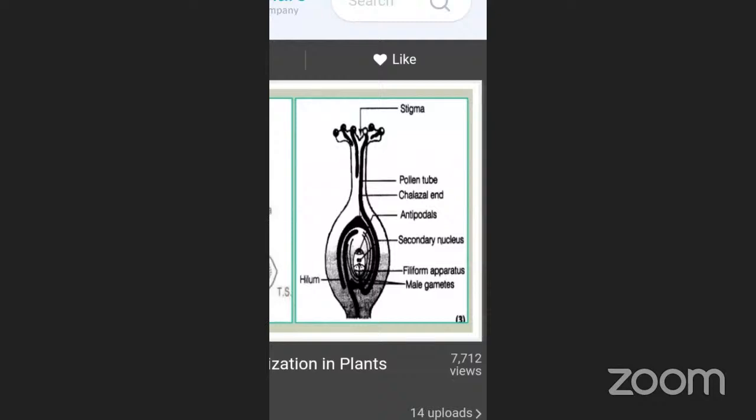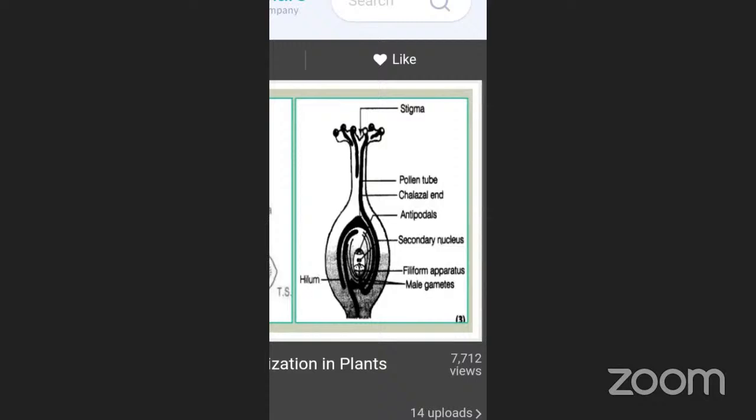Finally, reaching the embryo sac, the pollen tube creeps along the wall of the embryo sac and enters the micropylar end of the sac. All these entries are also guided chemically, that is, chemotropically. In porogamy, the pollen tube grows over the ovular surface till it reaches the micropyle and then down to the embryo sac.